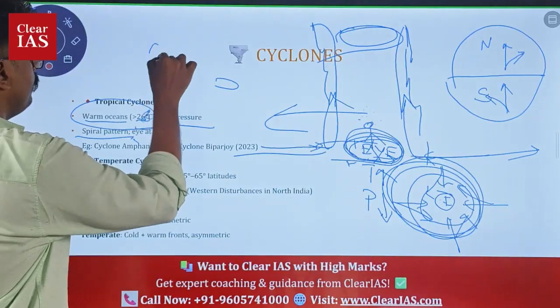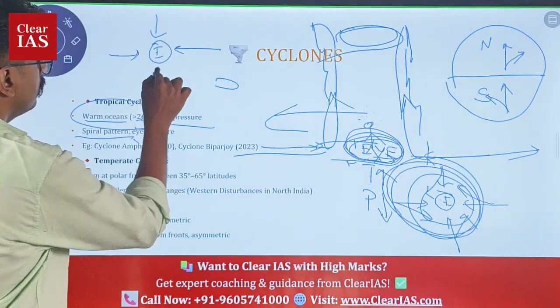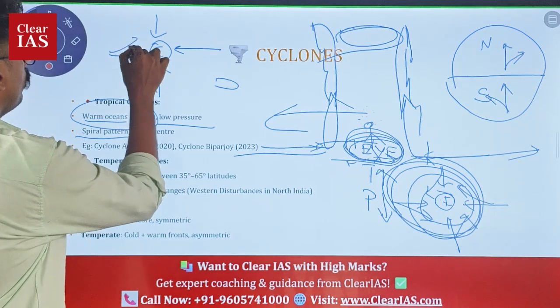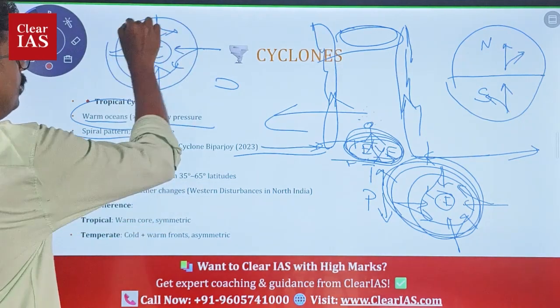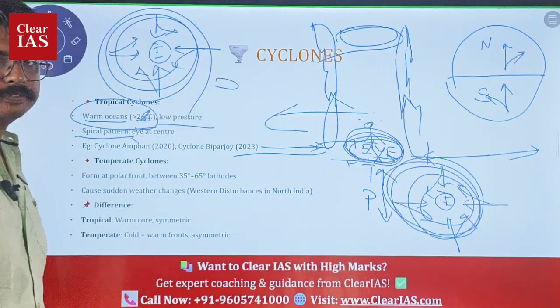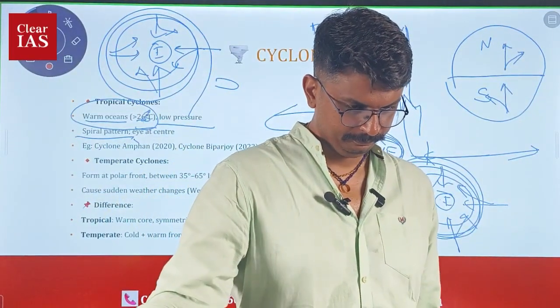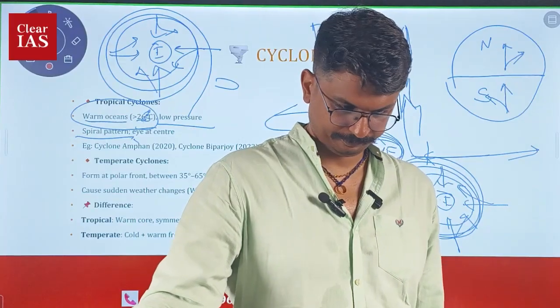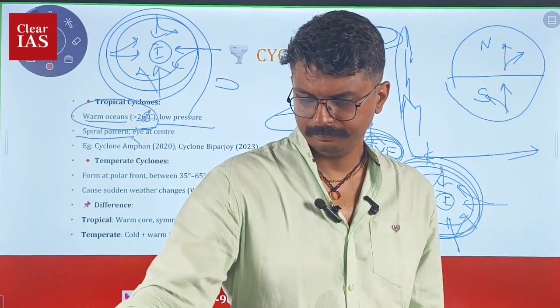In the southern hemisphere, deflection is to the left. So, only if you remember this, you can make it out. The rotation would be clockwise in the southern hemisphere. All okay?